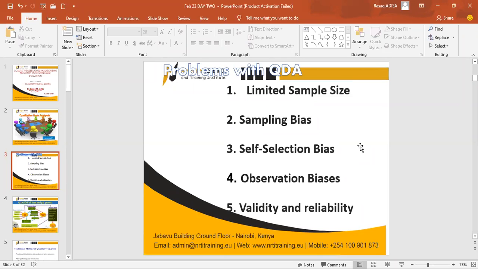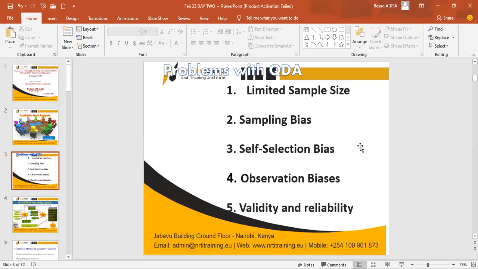So that is no more a problem. Then self-selection bias is the process of selecting people who particularly have answers to the questions the researcher wants to ask. According to some scholars, this is a limitation. But with all the strategies that are put in place, it is no longer a limitation.